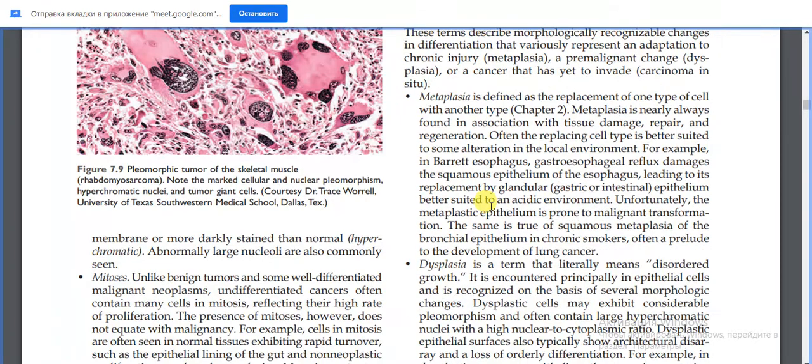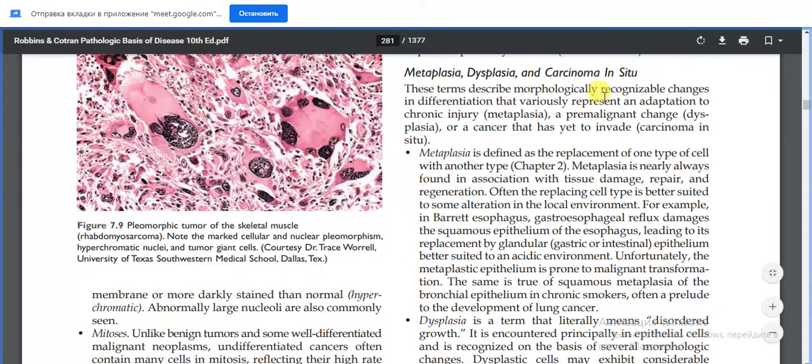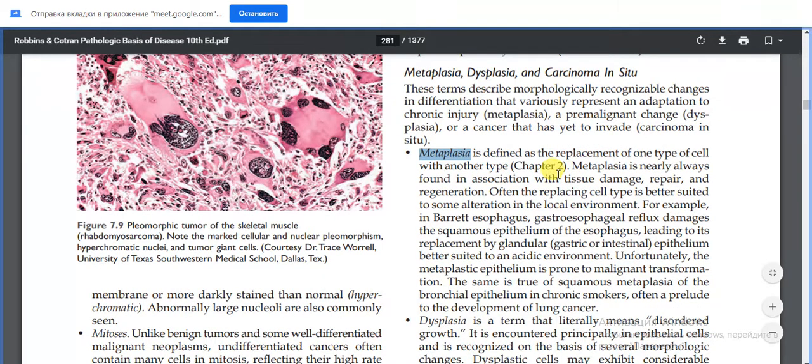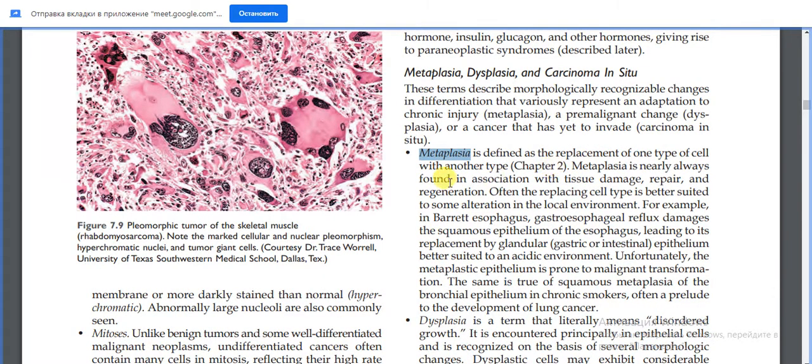Also, I want to remind you of metaplasia, dysplasia, and carcinoma in situ. Metaplasia we discussed in that topic. A typical example is Barrett's esophagus. Barrett's esophagus is formed due to gastroesophageal reflux.